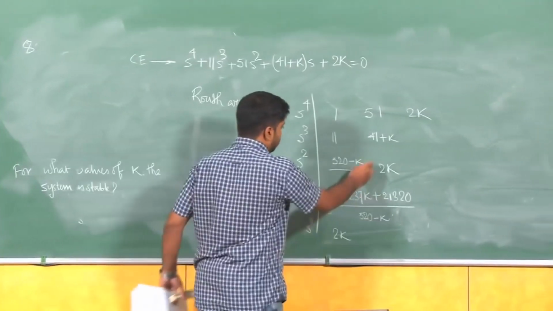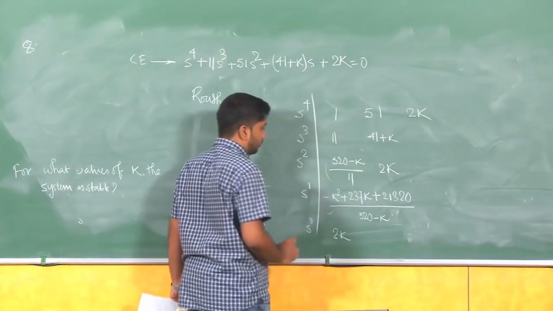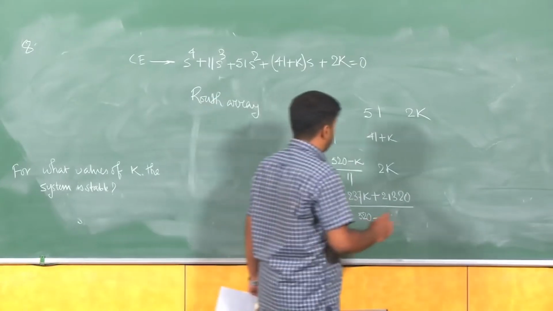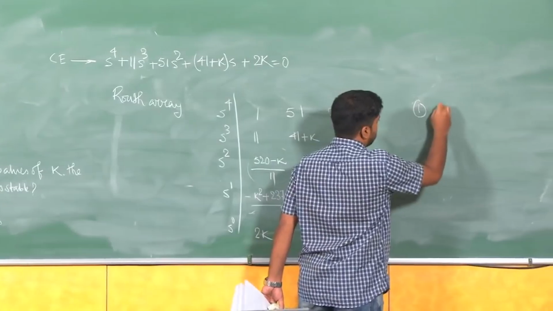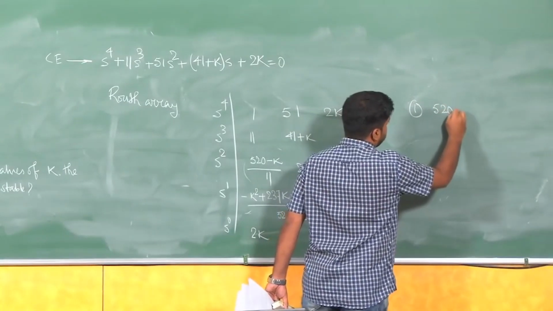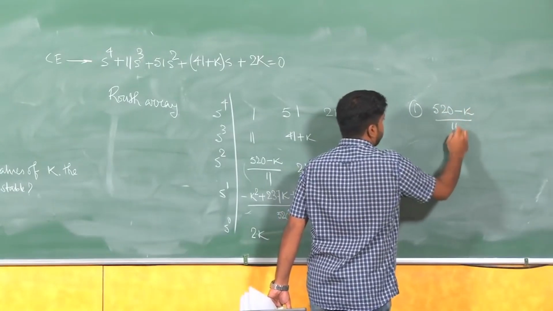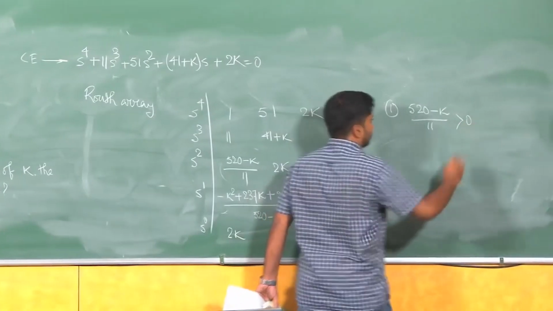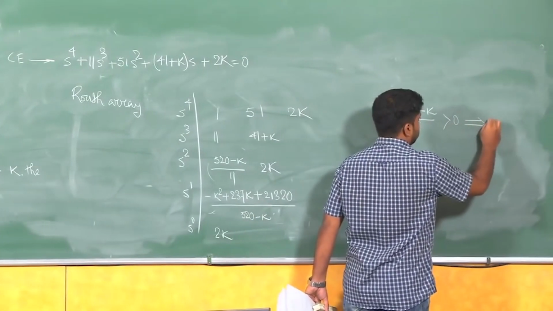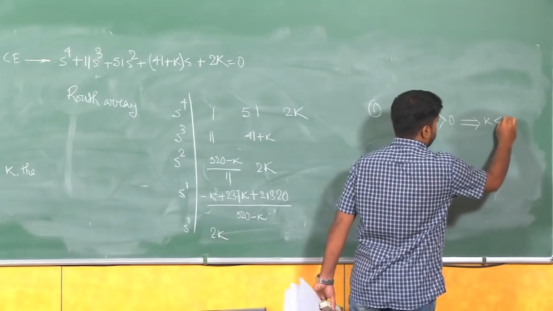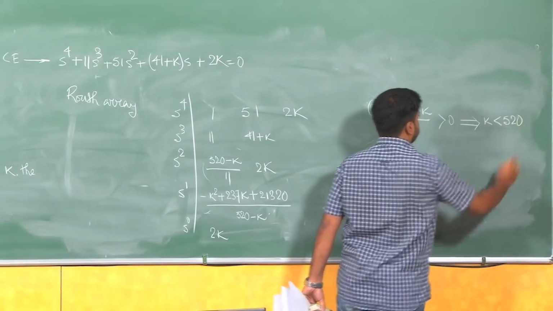There are 3 terms related to K in the first column. The first condition will be (520 minus K) by 11 greater than 0, that implies K is less than 520.